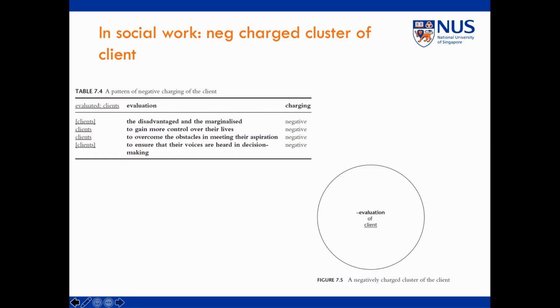There's another question I'll ask later, but the question I ask now is, this general value, do they have to be consistent in both the evaluated and the polarity of charging? Is it possible to have different evaluated, different target, different polarity of charging, but together they can represent the same general value?